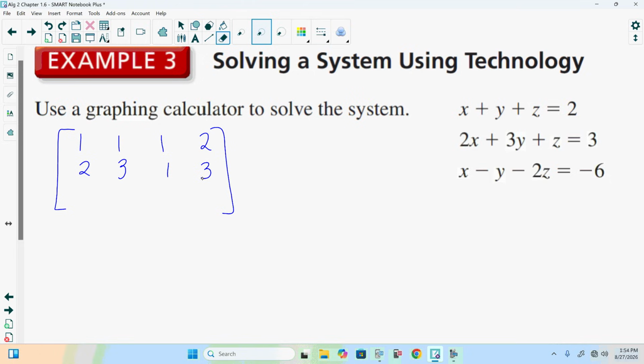Last row, 1, -1, -2, and -6. The dimensions are what? 3 by 4. Okay. We good on how we got the augmented matrix and the dimensions, yes?